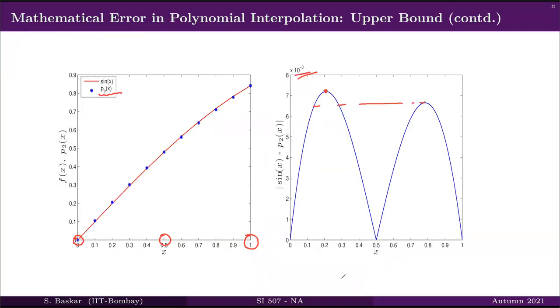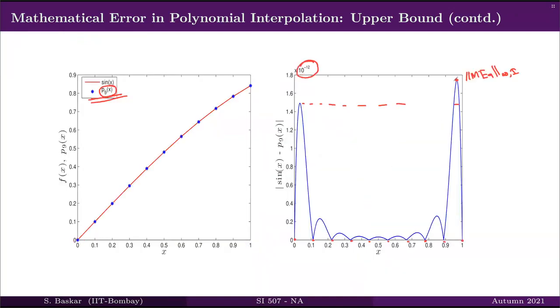That's what it says. And here you can see computationally we got it, which is around 1.7 into 10 to the power of minus 12, which is much less than 2.8 into 10 to the power of minus 7, right? So that is well in agreement with our theoretical result.